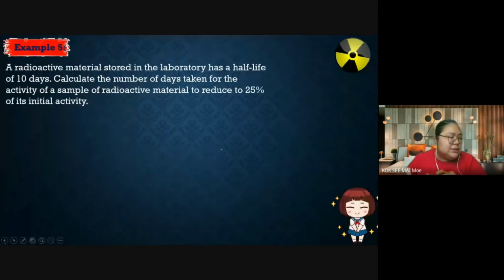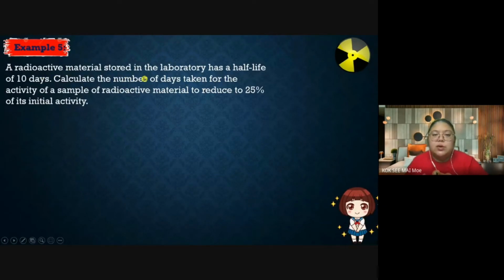Okay, this one is your example 6. The radioactive material stored in the lab has a half-life of 10 days. Calculate the number of days taken for the activity of the radioactive sample to reduce to 25%. That means the original is 100%, and I want you to reduce it until 25%.